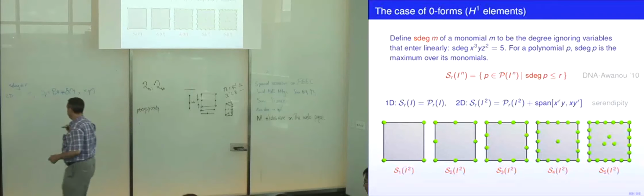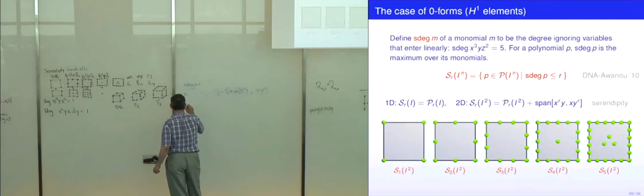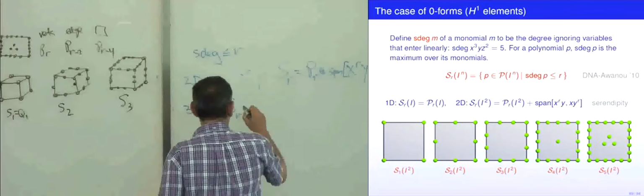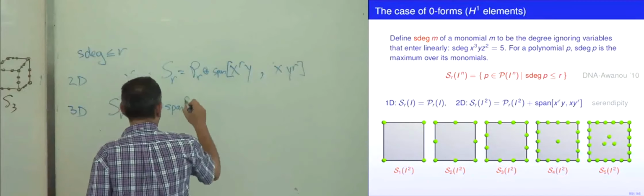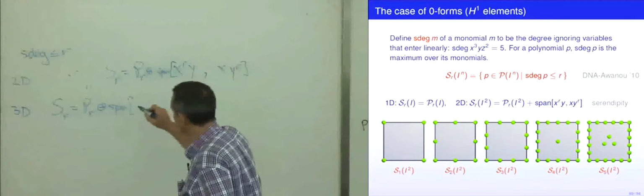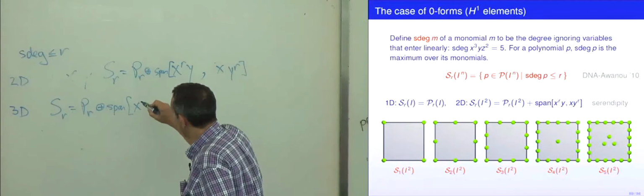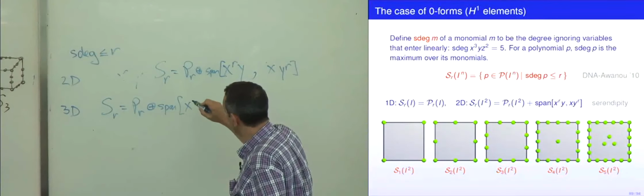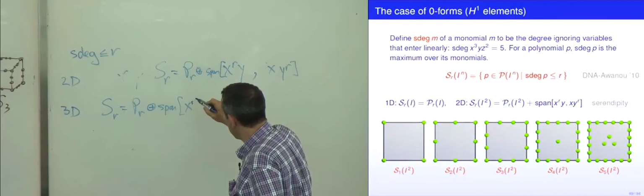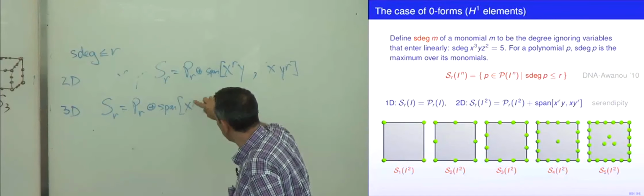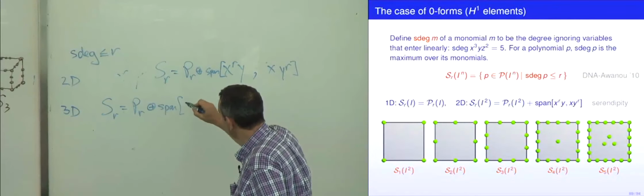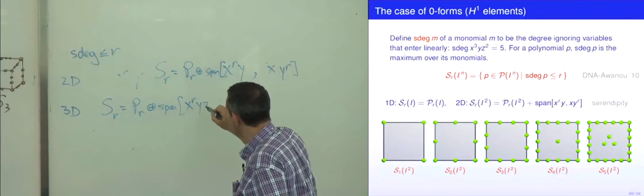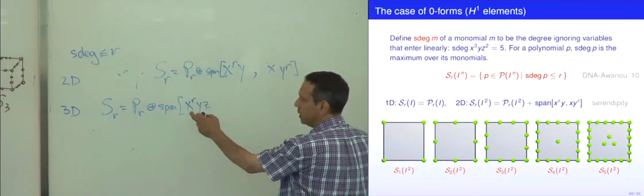In 3D, SR is PR plus the span of a bunch of things. First of all, I'm allowed to go up to degree r, so I could take anything of degree r. Well, first of all, I could take x to the r y z. I wouldn't count either y or z.